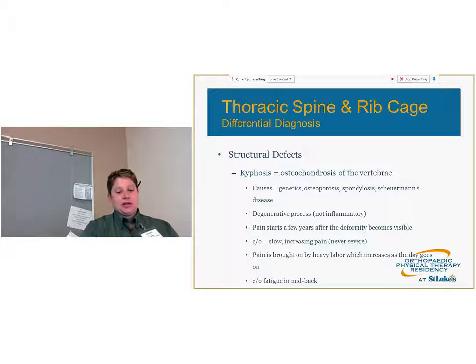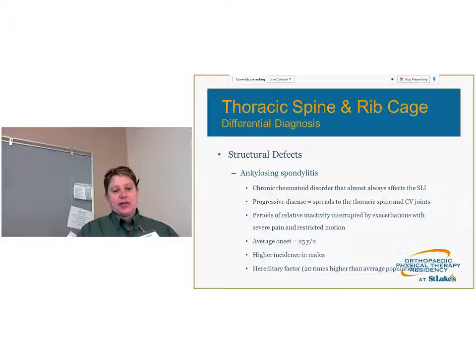So yes, they can be complaining of that pain. It's not usually a severe pain. It's more of a slow increasing pain, whereas with a rib dysfunction, most of the time you'll have the severe pain associated with it. And also with the kyphotic structural defect, pain usually is brought on by heavy labor, which can also increase throughout the day, and they experience fatigue in the mid-back area. It's not as localized.